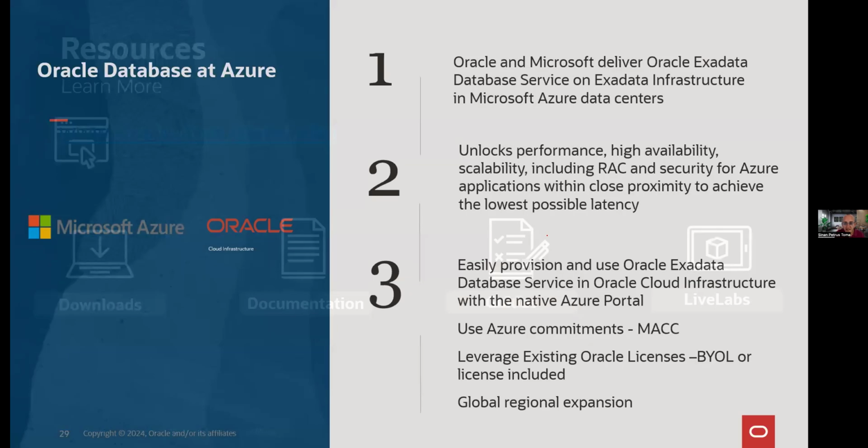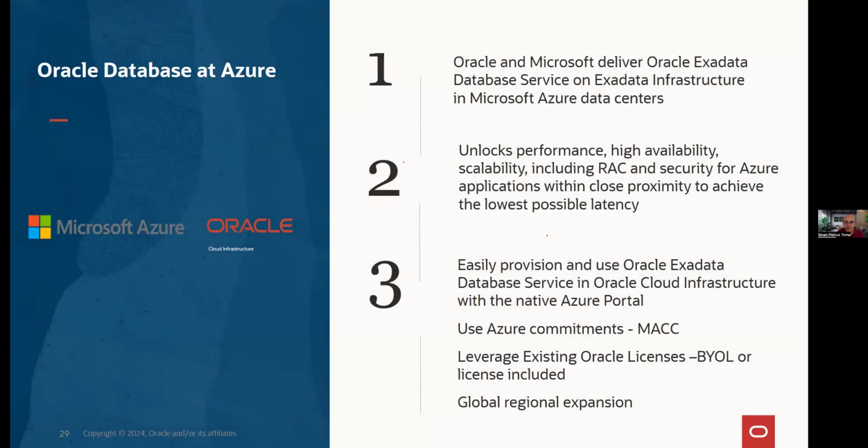So the benefits here, to summarize, we have an Exadata infrastructure built directly into the Azure platform, that provides you the highest performance, the highest scalability, high availability with Oracle RAC, and the security from the Oracle database, low latency to your Azure applications, all inside the Azure data center.